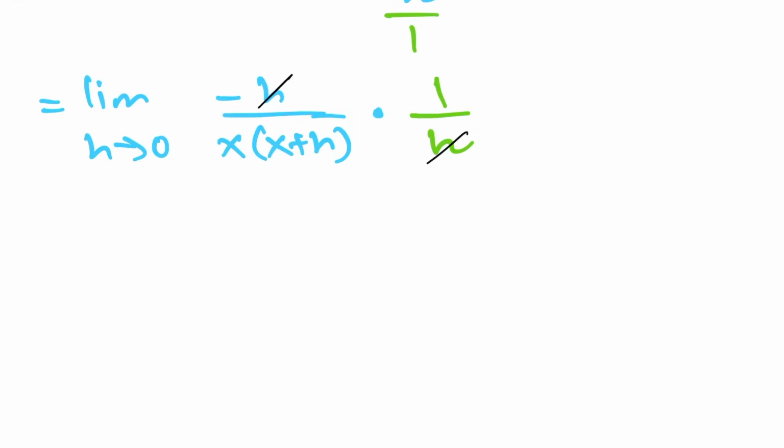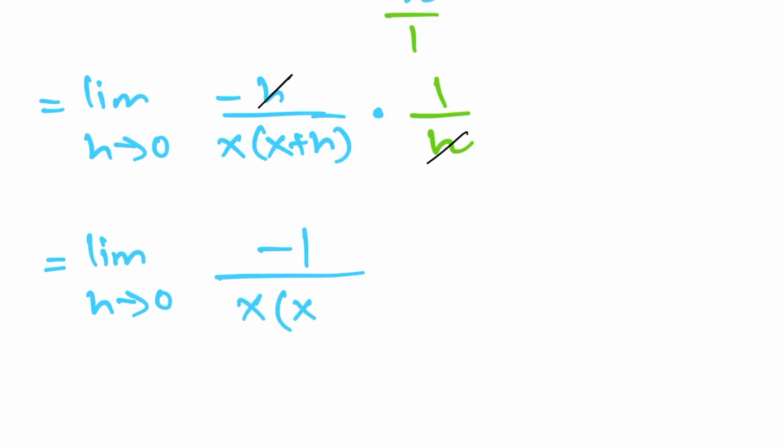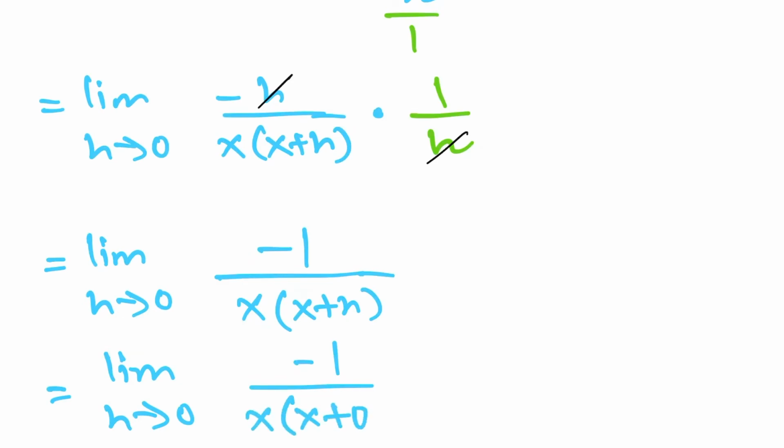So we have the limit as h approaches 0 of negative 1 on top, because I have this negative sign here, over x times x plus h. Now the question is, can we plug it in? The answer is yes. We can replace h with 0.